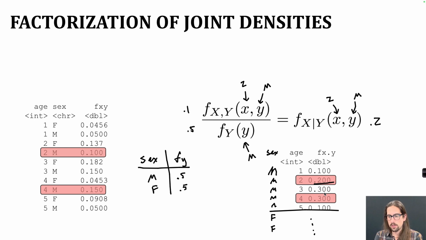Another way to think of this is, to construct this big table, all I need to do is, for any particular value, like 2m, or here I have them backwards, go to these tables and get the values that correspond to this input, and then divide them, and I can construct this table from those two tables. Okay, so that is a bit of notation before we get into the factorization part.